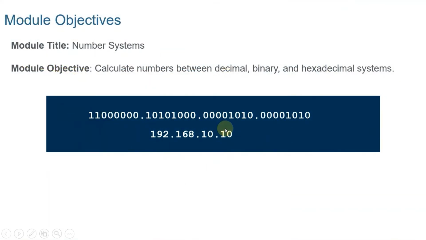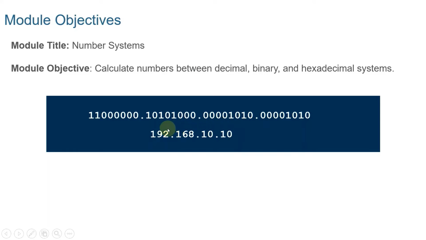Hi, hello there. Welcome to Number Systems. Guess what? This is a 32-bit IPv4 address of a computer in a network. This is 1100.1010.1010.0000.1010.